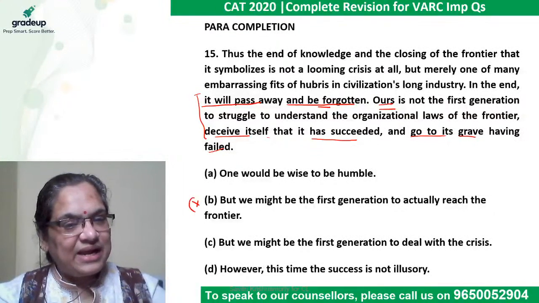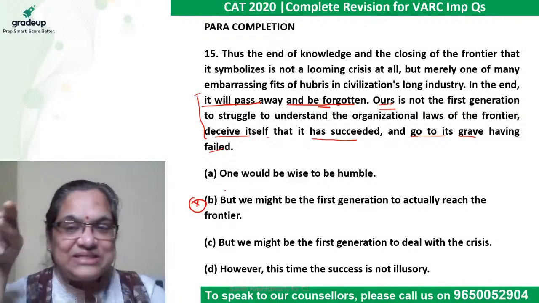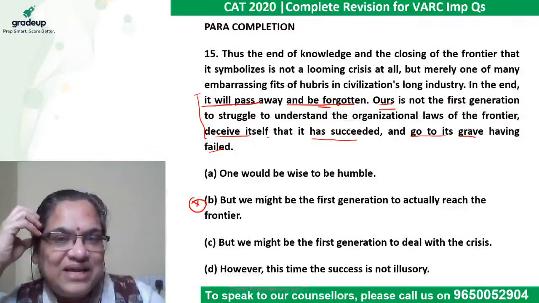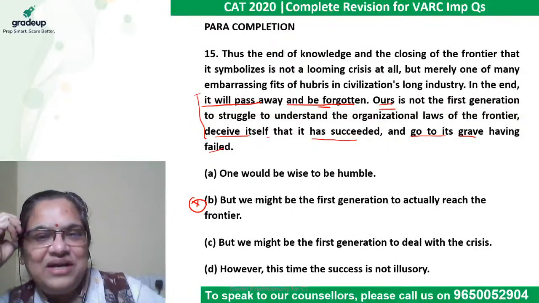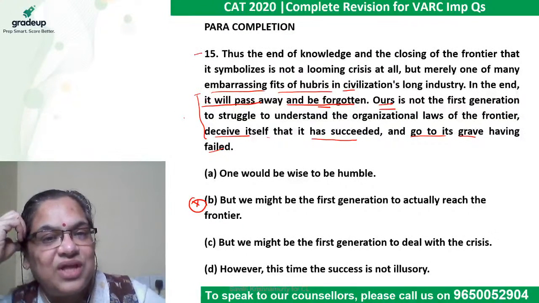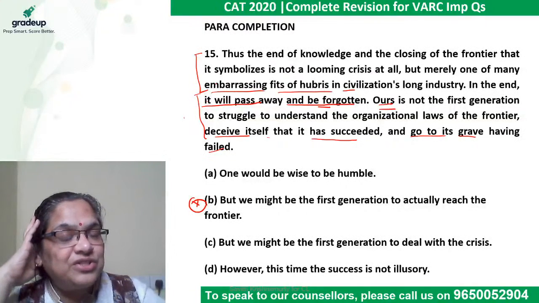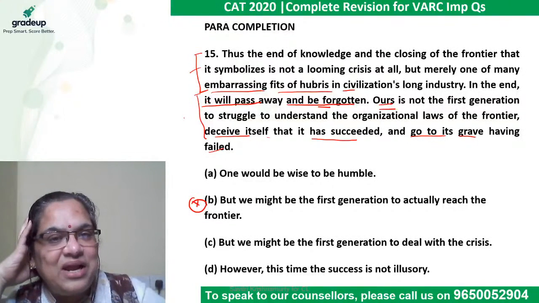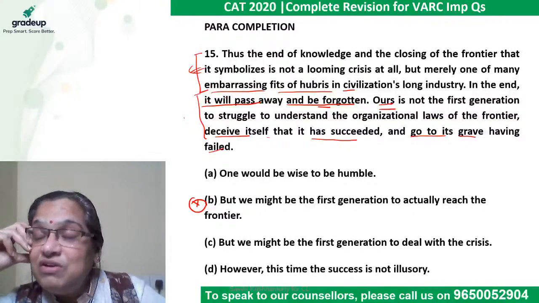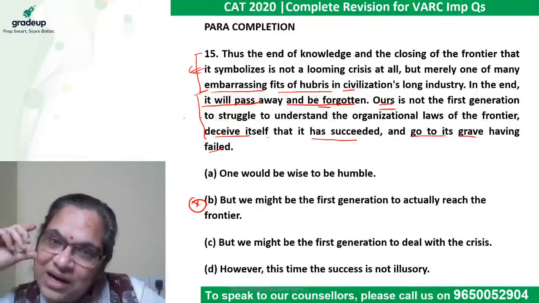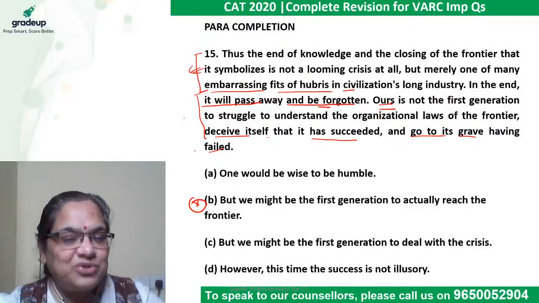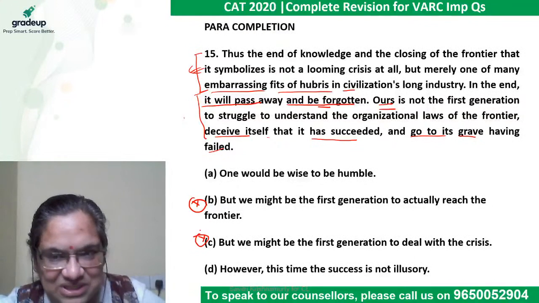Why would he say that? He's saying ours is not the first generation to do this. He calls it an embarrassing fit of hubris in civilization to think that we've reached the frontiers of knowledge, only an embarrassing phase that every civilization goes through. We're not the first civilization to think like it, and we're not the first civilization which will go to our grave having failed. So he's not going to say this, he's not going to say which crisis.